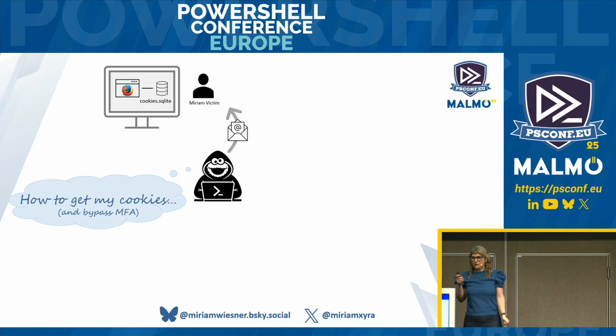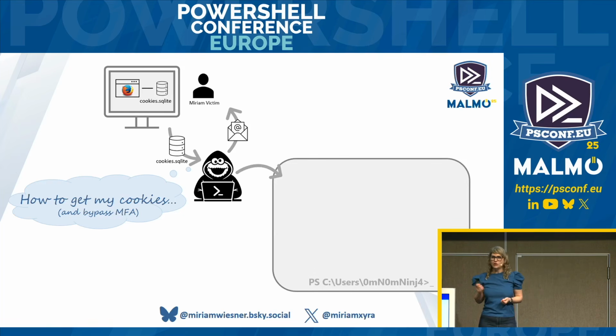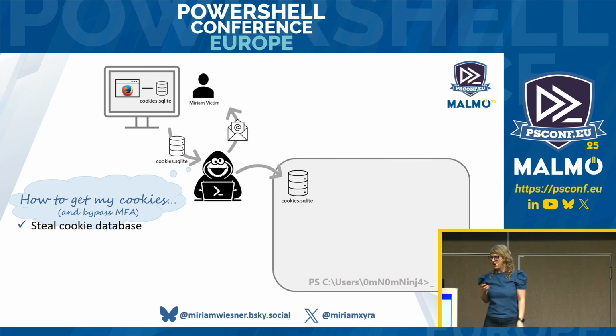And every browser does have a database in which cookies are stored. And in our scenario, Firefox does have the cookies SQLite database. And after the script started, the Cookie Monster extracts the database and copies it to its own computer and machine.